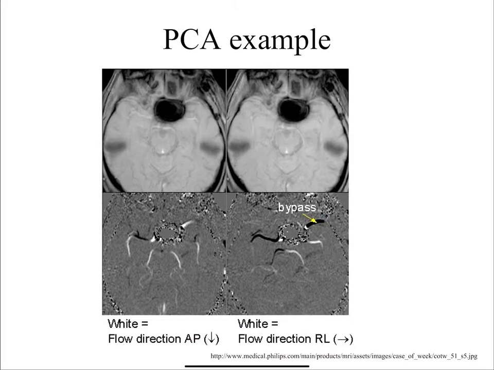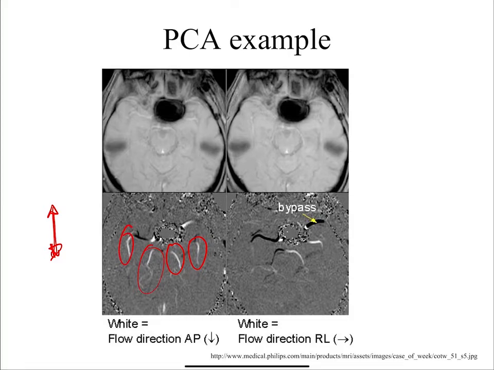So here's an example of phase contrast angiography. We're looking at vessels coming off the circle of Willis in your brain. Here, the gradient has been applied in what's called the AP direction, anterior to posterior, and these white things are showing the flow of the blood going towards the back of your brain.